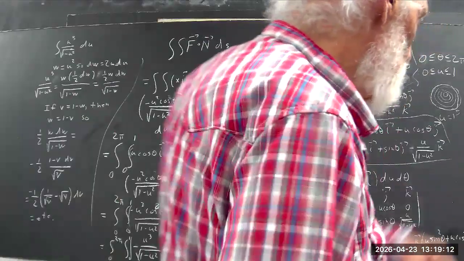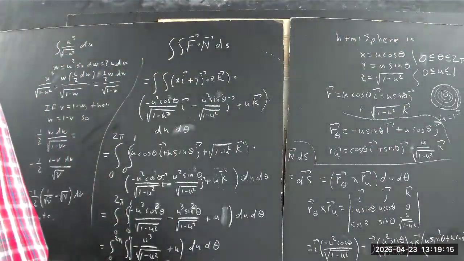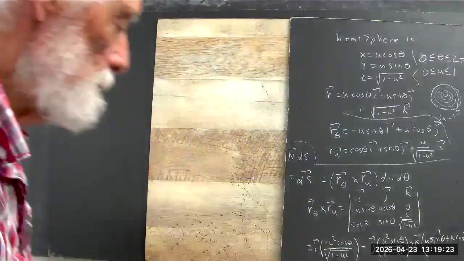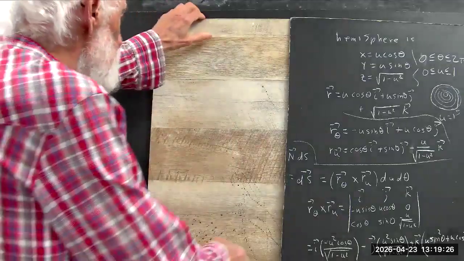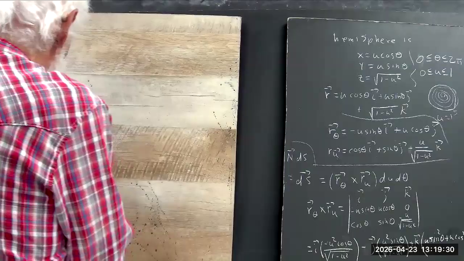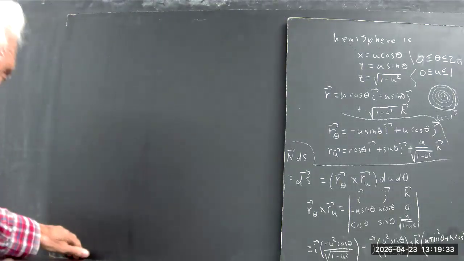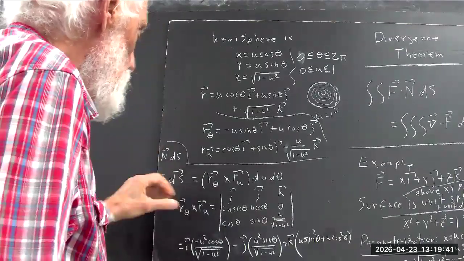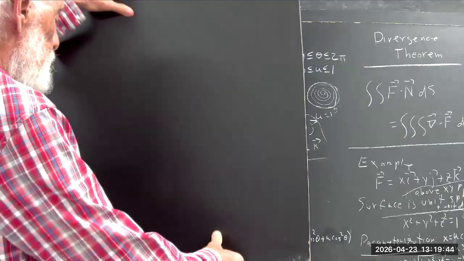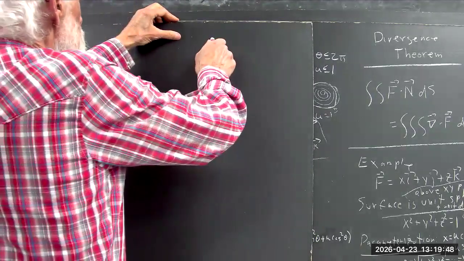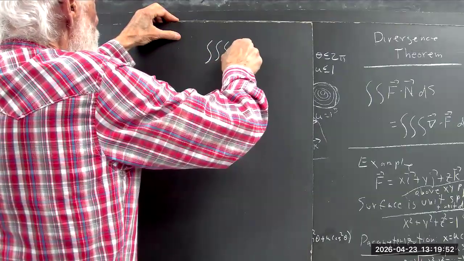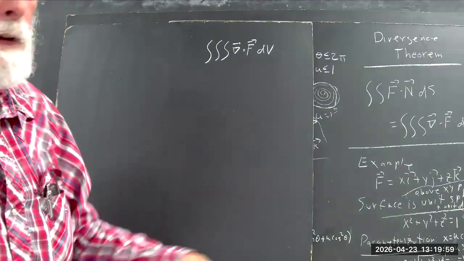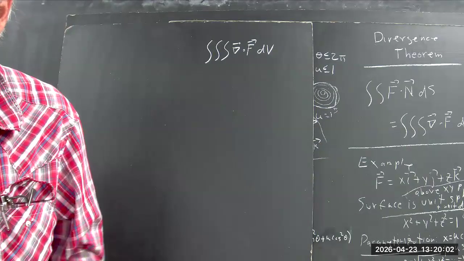What about this volume integral? What we want to look at is the triple integral del dot f dv over the hemisphere, radius 1.